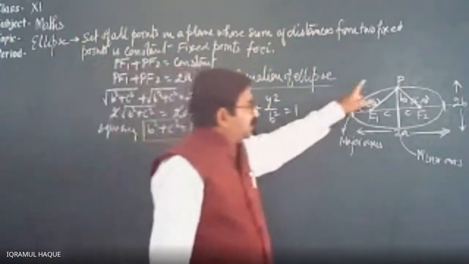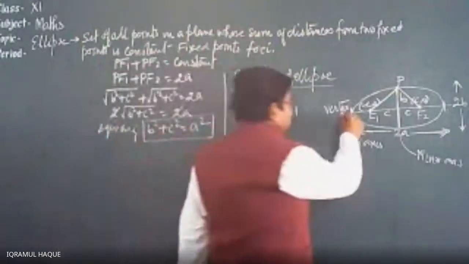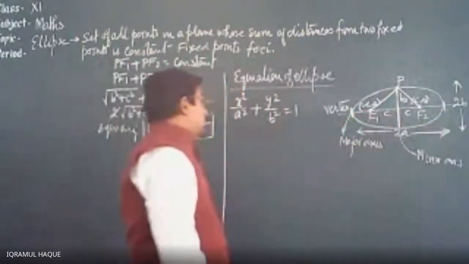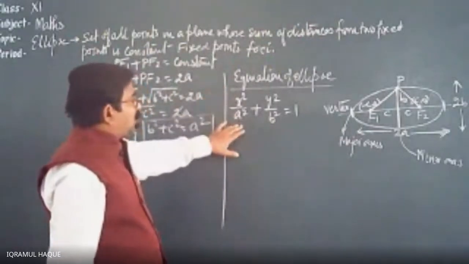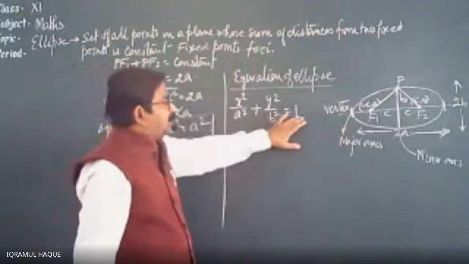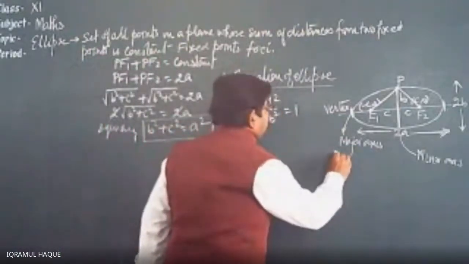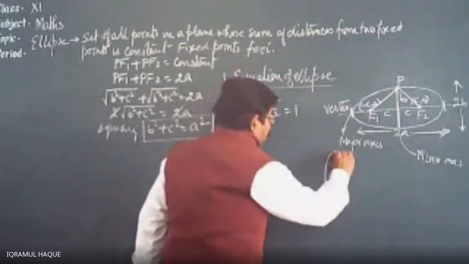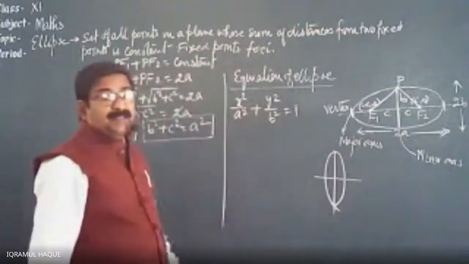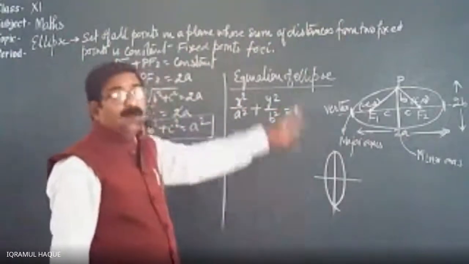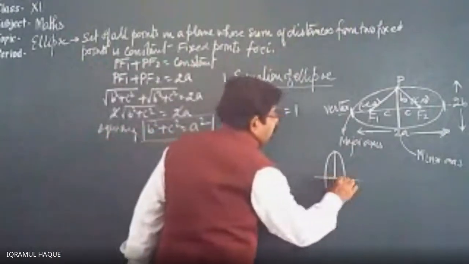When the ellipse is on the x-axis, meaning the major axis is on the x-axis, we have to use the formula x square upon a square plus y square upon b square is equal to 1. When the ellipse is on the y-axis, meaning its major axis is along the y-axis, in that case we have the minor axis on the x-axis.